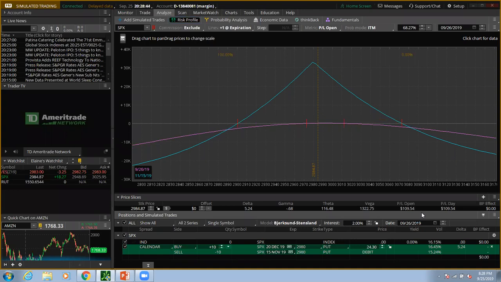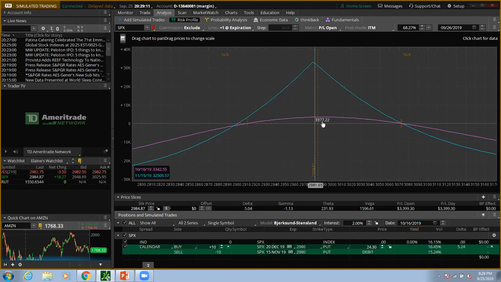Your gamma number is smaller, and that's graphically represented by the slope of this curve. I'm assuming you can still see this. You can see the gamma is negative 0.68, and as I advance in time, that gamma number is getting bigger and bigger in response to the slope of this line.